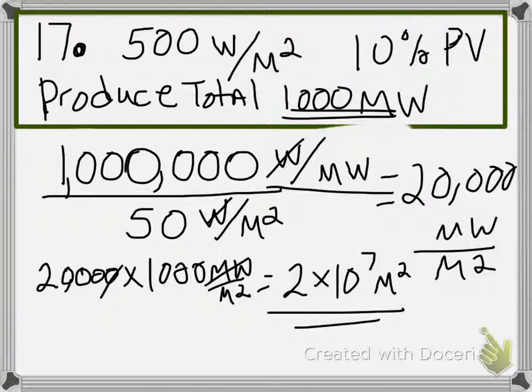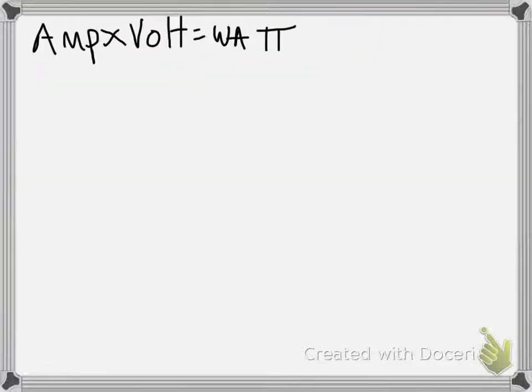Alright, so let's take a look at question number 18. A commercially available solar cell module puts out 3 volts and 0.1 amps and measures 5 centimeters by 8 centimeters. How large an array is necessary to provide an output of 40 watts?